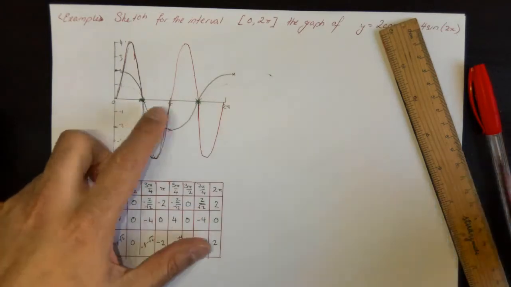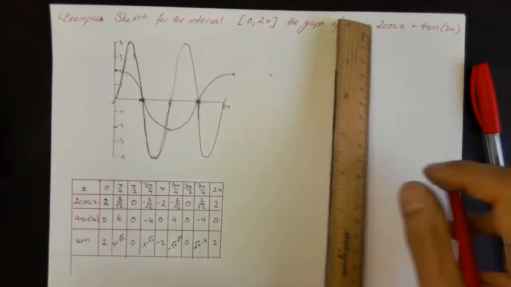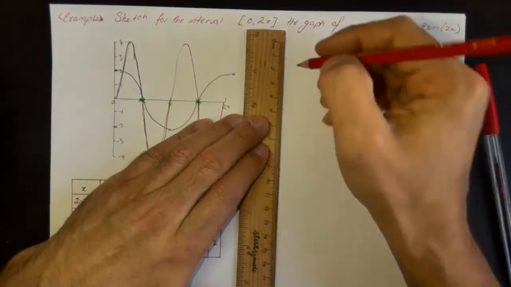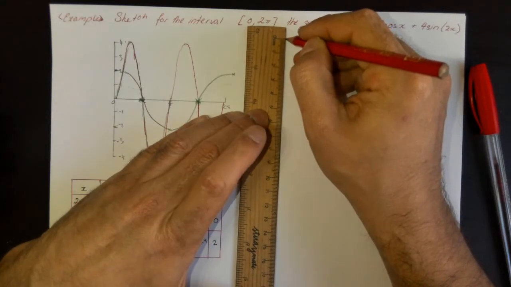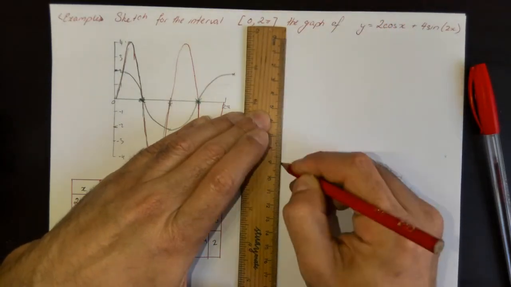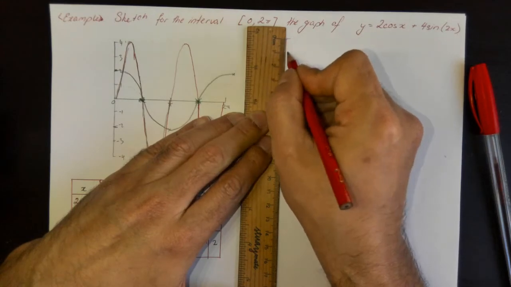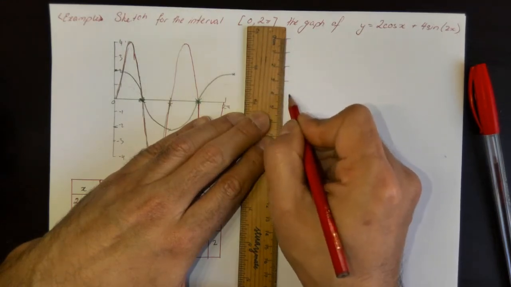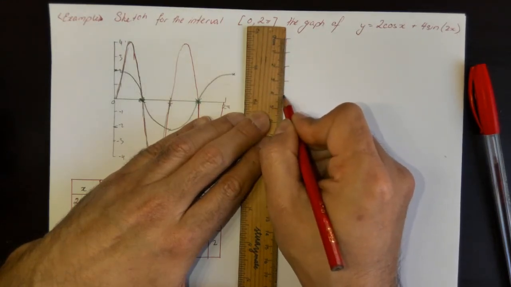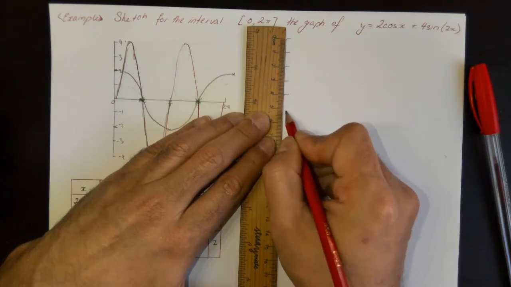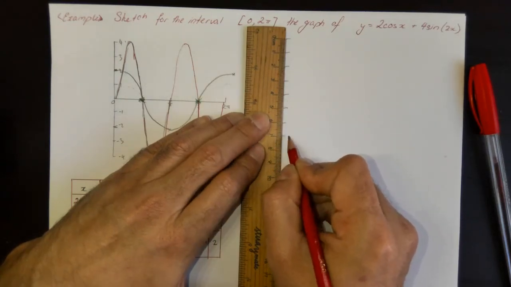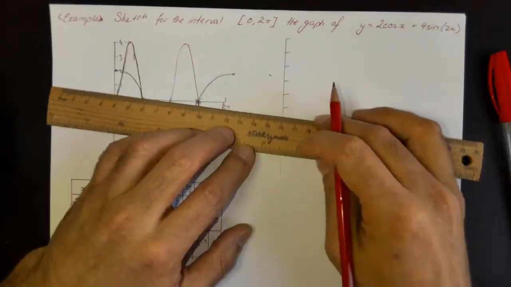Okay, and that's really important. So we know that negative 4, 3, 2, 1, 0. I moved it slightly up.